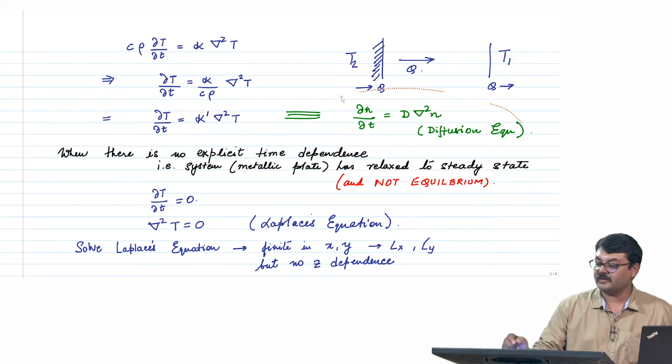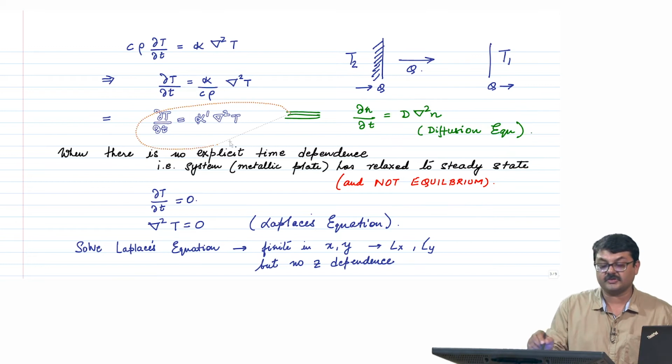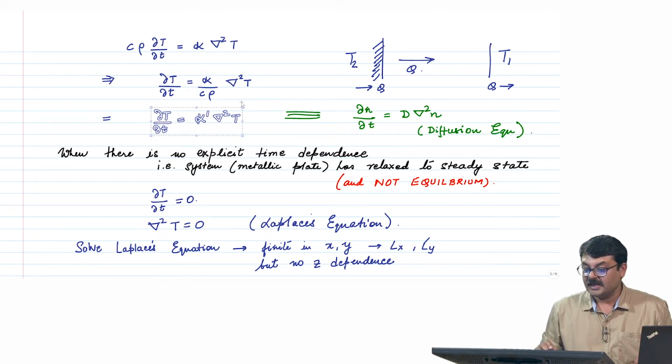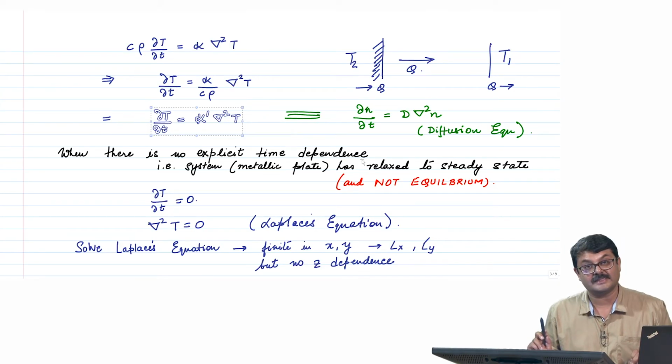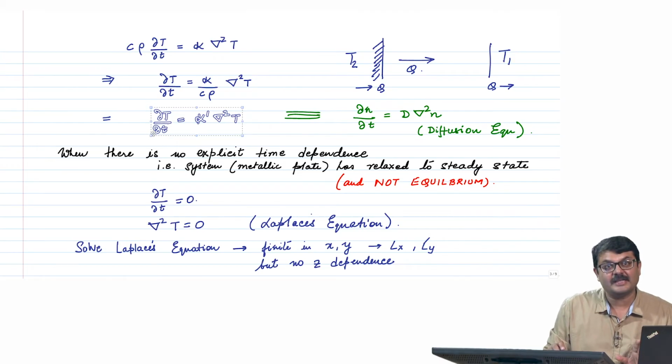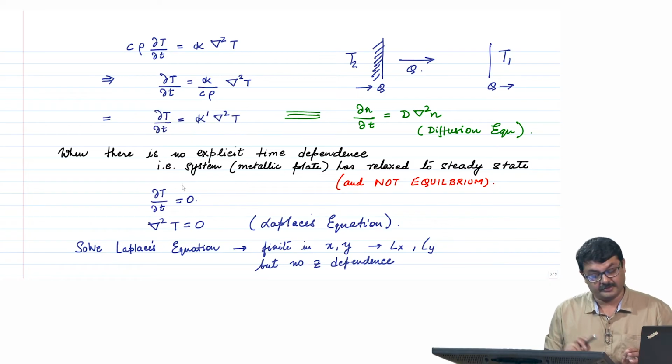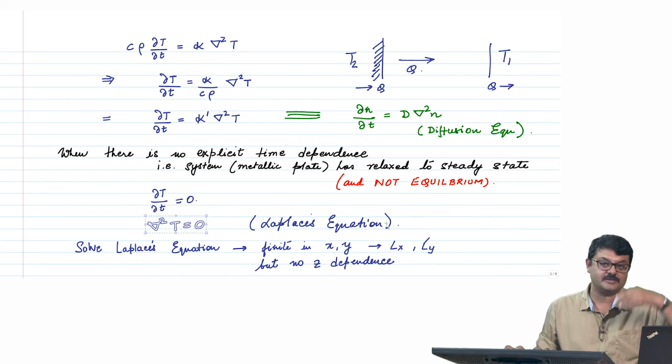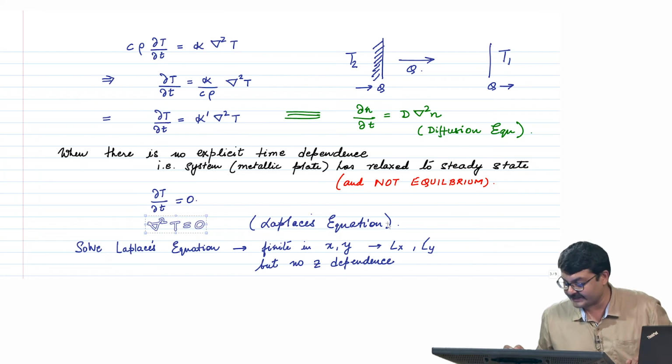Then you can solve the diffusion equation, and once it reaches steady state there will be no explicit time dependence in the temperature. T will be a function of only x and y, which means the temperature is not going to change as a function of time. So, del T del t can be written equal to 0, which means grad square T equal to 0, which is nothing but Laplace's equation, which you also solve for electrostatics.